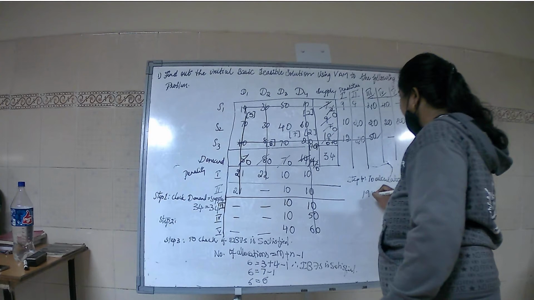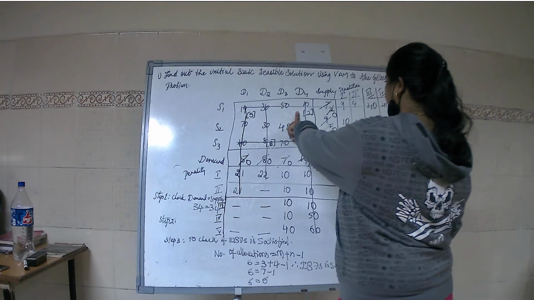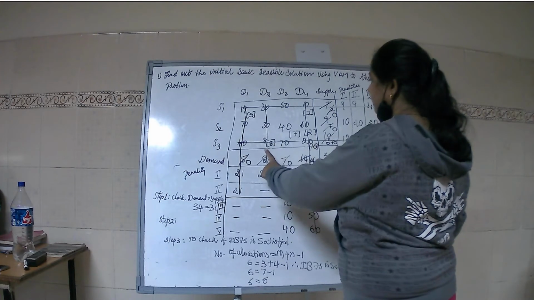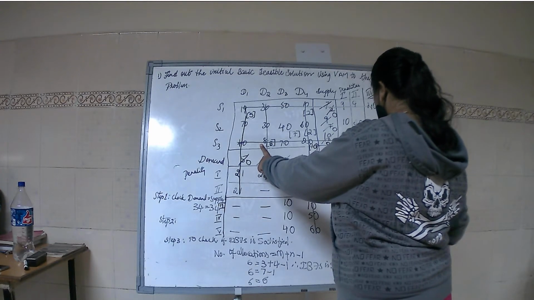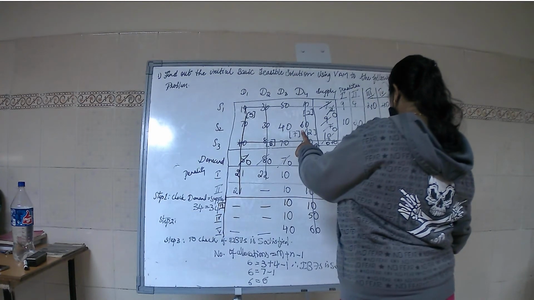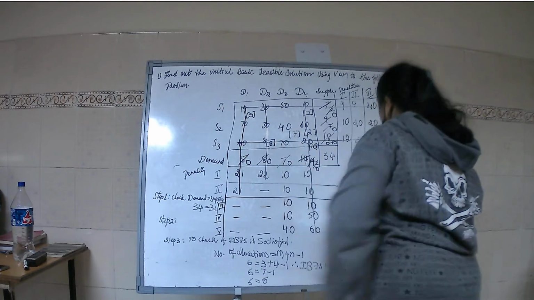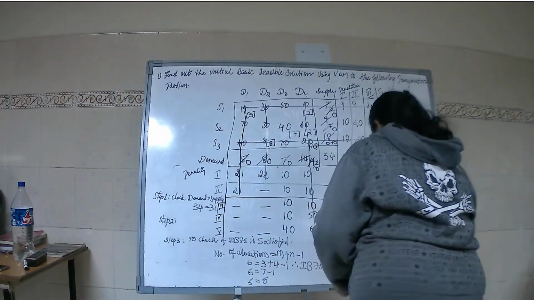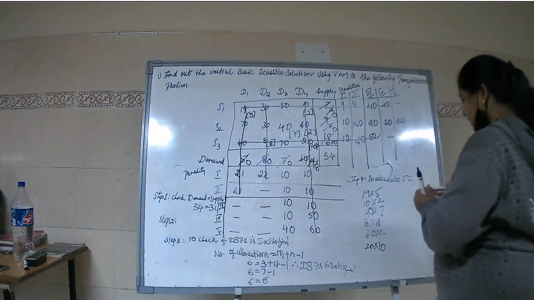So it is 19 into 5, 10 into 2, then you have 40 into 7, then you have 8 into 8, then you have 60 into 2, then the last is 20 into 10. Okay, so these are the values we got.